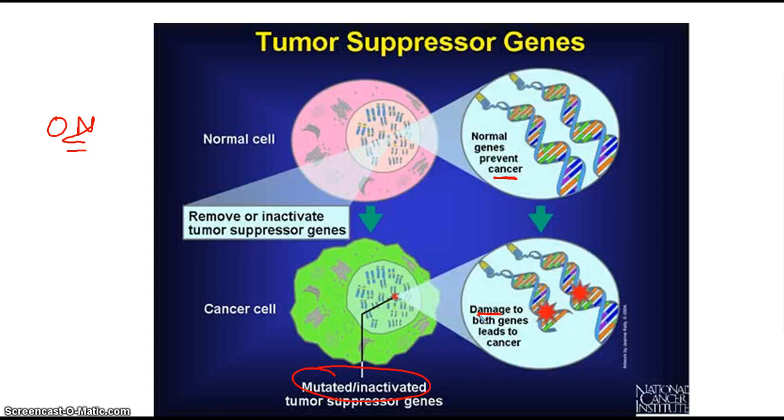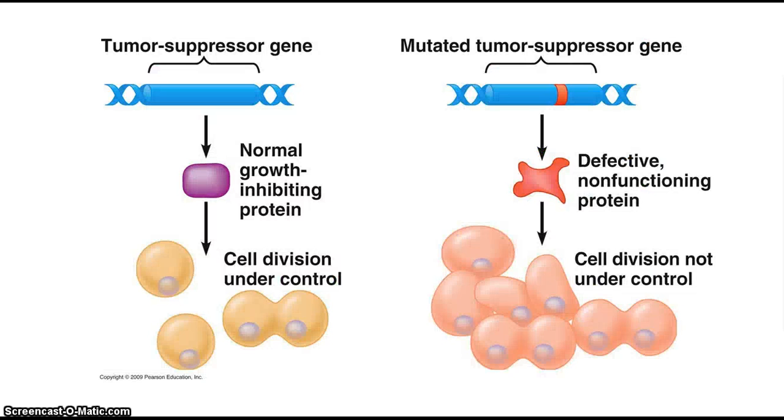Tumor suppressor genes should be on, but if they get turned off because of a mutation, they're not going to be able to prevent the uncontrolled division that we see. On the left here is our tumor suppressor gene, and it has a normal growth inhibiting protein, and it keeps cell division under control. It keeps it healthy, like if we need to replace skin cells. But if we have a mutated tumor suppressor gene, that protein is defective, it's not functioning, the cells grow out of control, and that's what can lead to cancer.